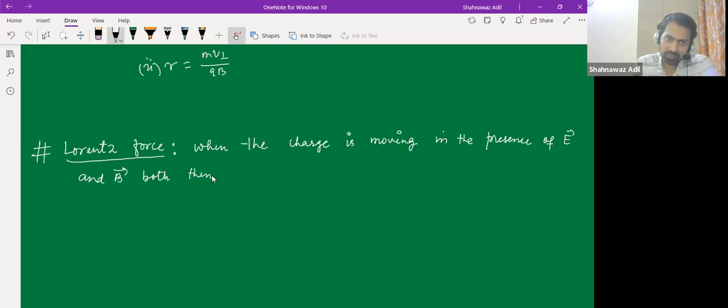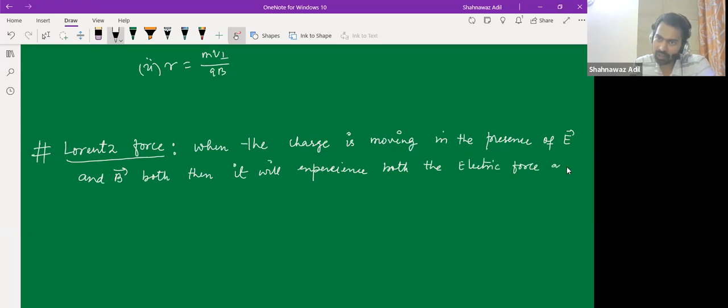then it will experience both the electric force and the magnetic force, right?